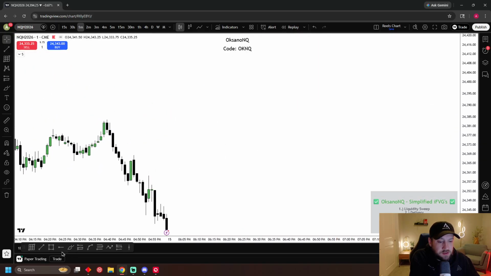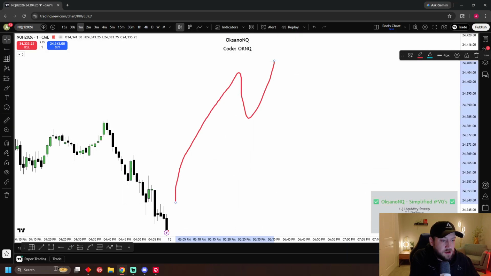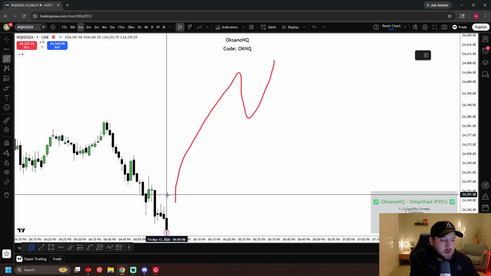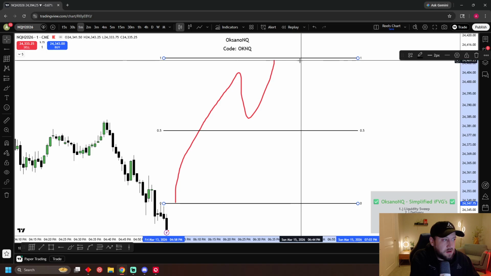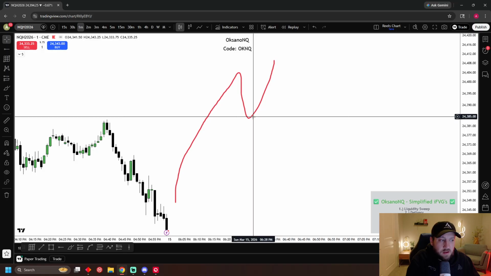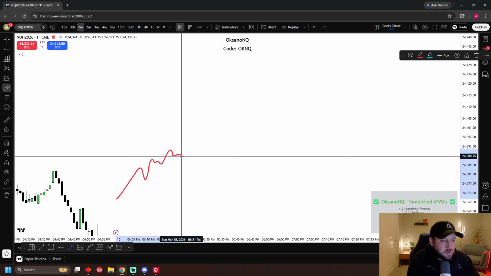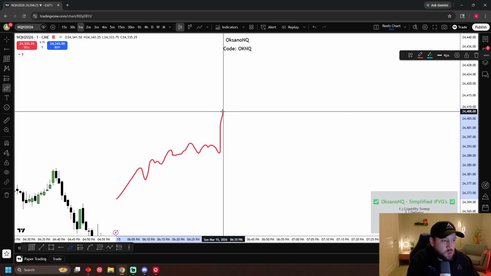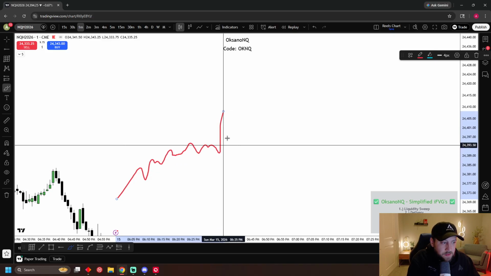So you can also do, let's say we get a big push up, we're in a long, you can also measure out your 50%, right? Trail stop at 50%. You could also trail stop underneath FEGs that get left behind. So let's say we pump, right? You're in a long, we're doing this, then all of a sudden we go and get a big FEG, right?